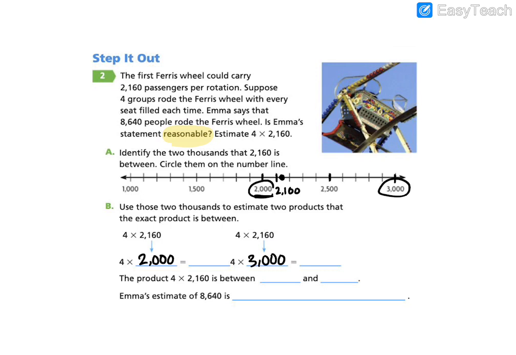Okay, using our skills we've been working on, 4 times 2 thousands is 8 thousands. 4 times 3 thousands is 12 thousands. This is telling us the product is going to be between 8,000 and 12,000. So is her estimate reasonable or not? Yes, her answer is reasonable.